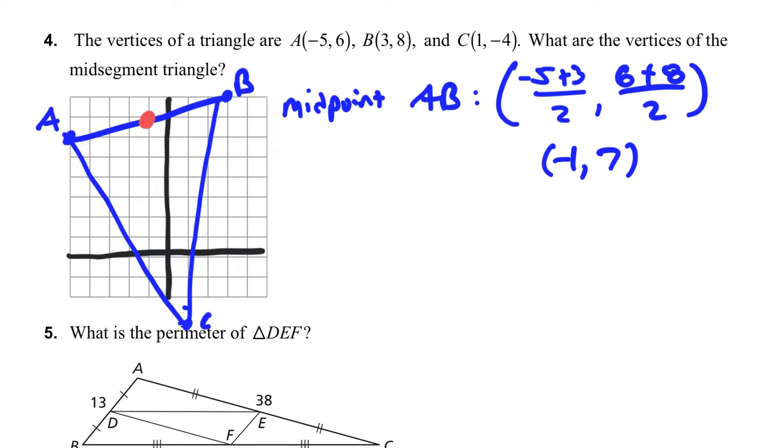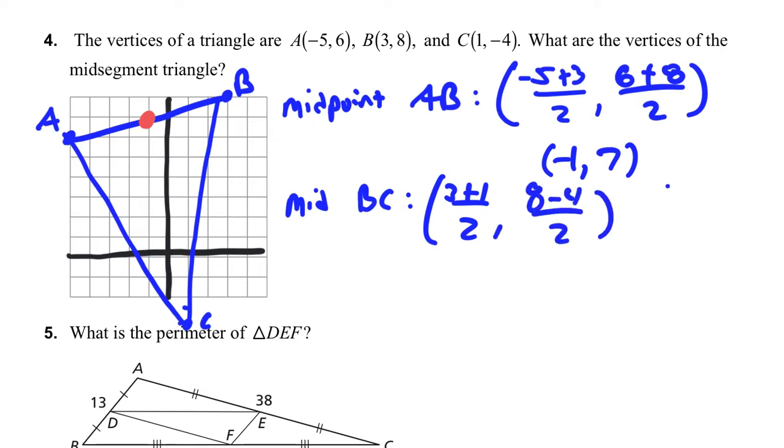Now let's find the midpoint of BC. That would be 3 plus 1 over 2, comma 8 minus 4 over 2, which is going to give us (2, 2). All right, (2, 2). I didn't connect BC very well, but (2, 2) is going to be like right here. And then last one, let's find AC.